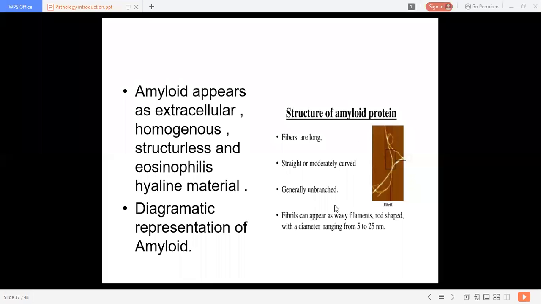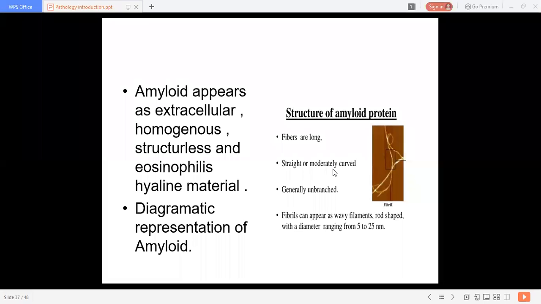So each amyloid is made from 90% fibrillar proteins, and 10% is made up of P component, that is pentagonal shaped glycoproteins. Okay, so this is the structure of amyloid.